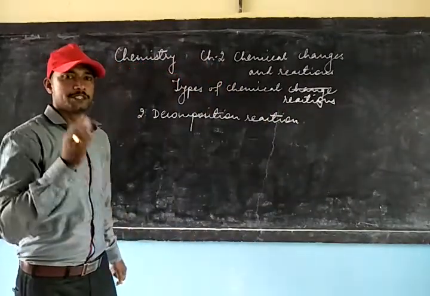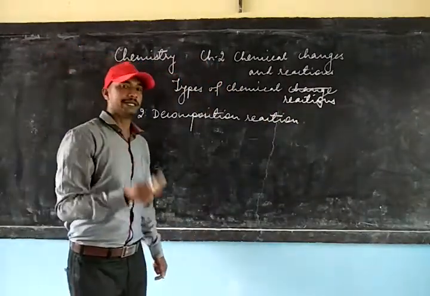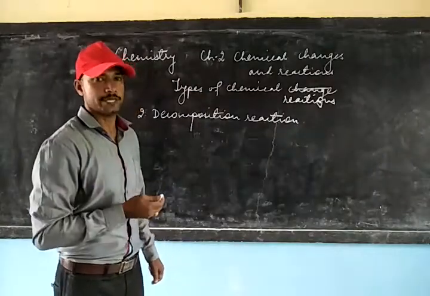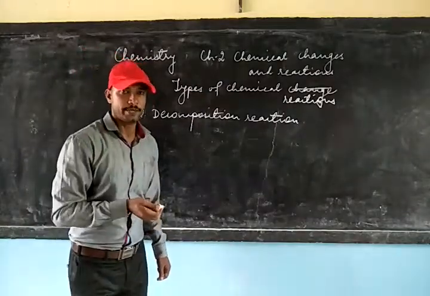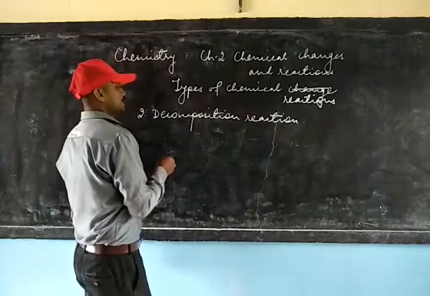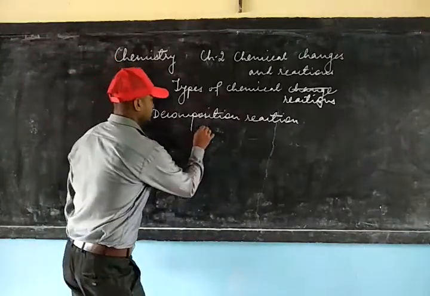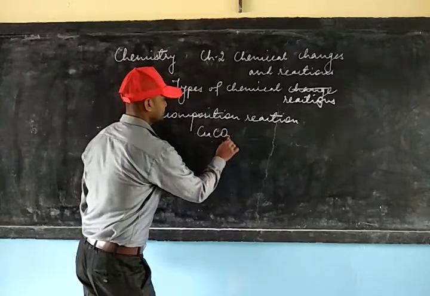Here one substance is broken by means of electricity, heat and many other sources, where two or more products can be formed. We can see some examples like copper carbonate.